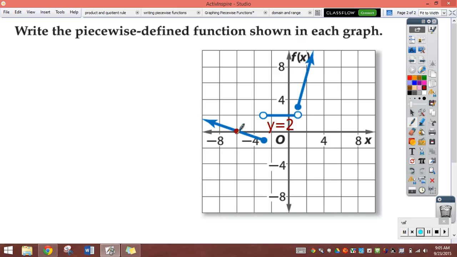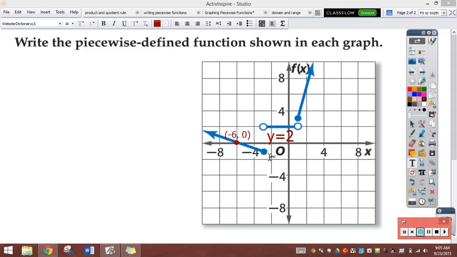So this would be -6, 0. And then this point would be, this is -2. Halfway between would be -3, and then down -1. So this point would be -3, -1.